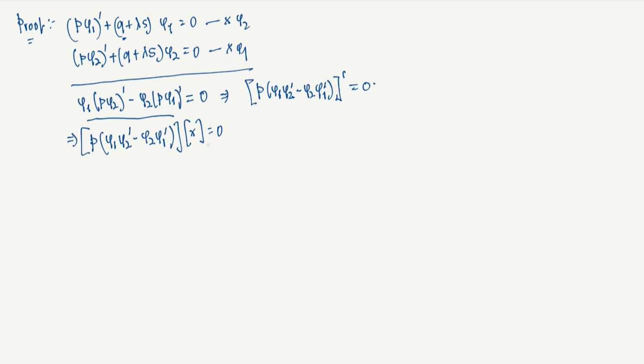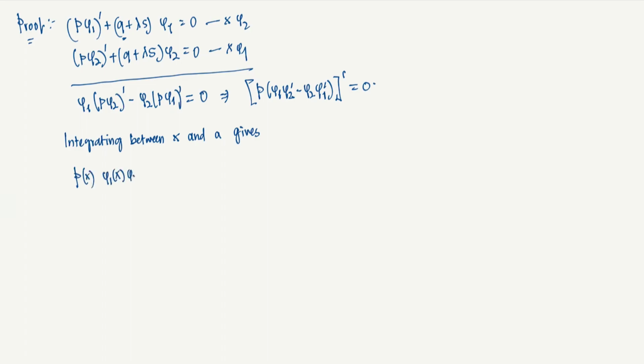So maybe I can write it again so it becomes clearer. Integrating this relation between a and x gives p of x phi1 of x phi2 prime at the point x minus phi2 at x phi1 prime at x.